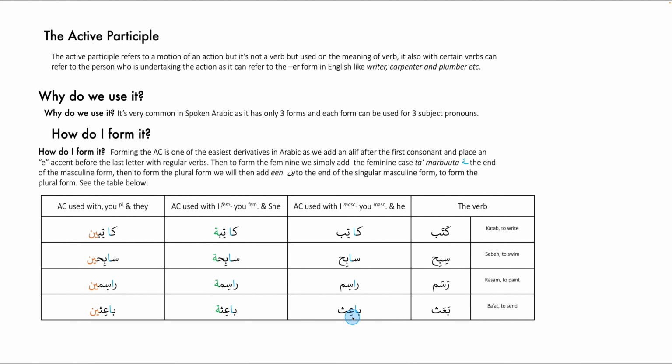Ba'ath, ba'ith, ba'athe, ba'athin. But as we know, in Levantine Arabic and most other dialects, the tha becomes a ta. So people would say ba'at, ba'at, ba'te, ba'tin.